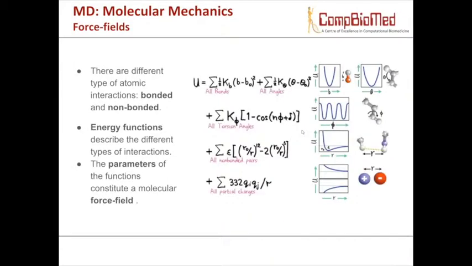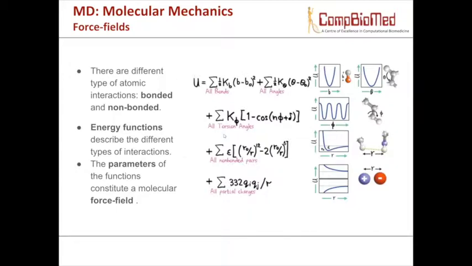So how does molecular dynamics work? Well, it's fairly simple. It's just applying classical molecular mechanics to these atoms and following their movement. What we have here are the energy functions that describe interactions between atoms. I won't go into much detail, but we have two different types: bonded interactions and non-bonded interactions.